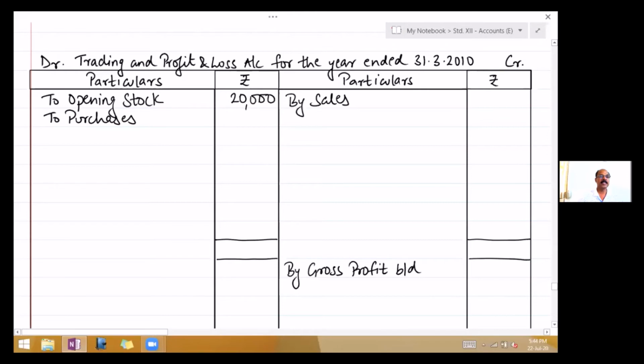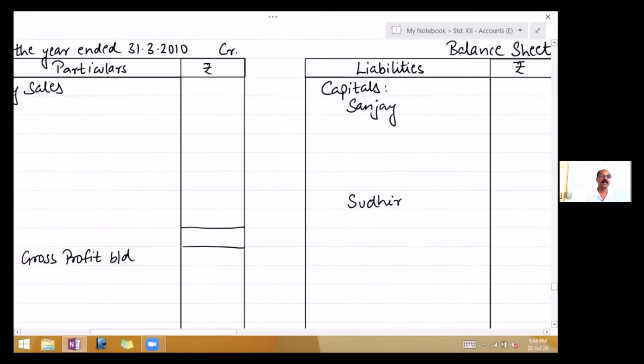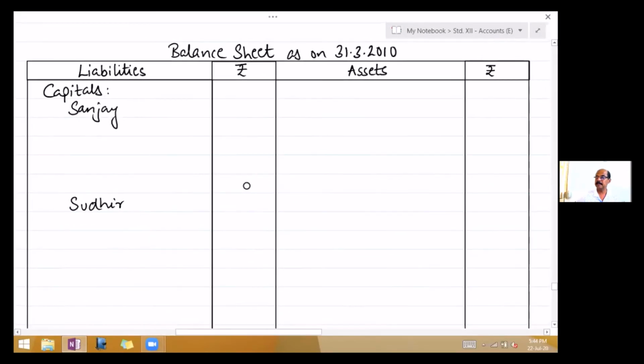Next, purchases 30,000. And then there is an adjustment on purchases, so write in the inner column and leave a line. Then debtors 12,000, asset side of the balance sheet. Debtors 12,000, inner column 12,000.